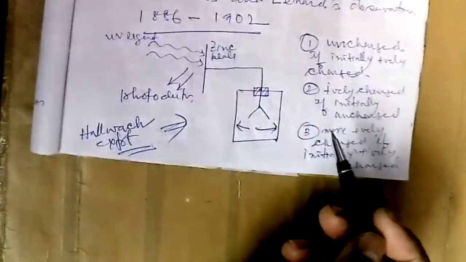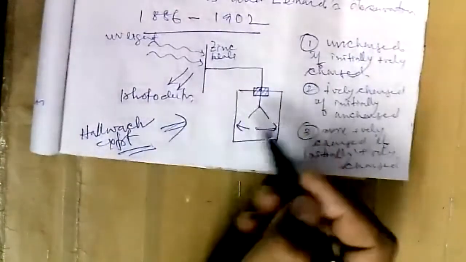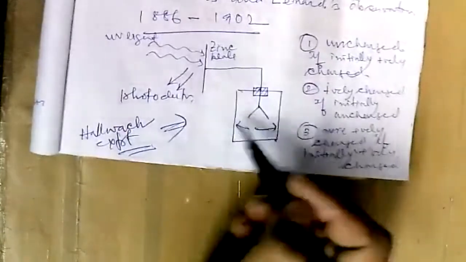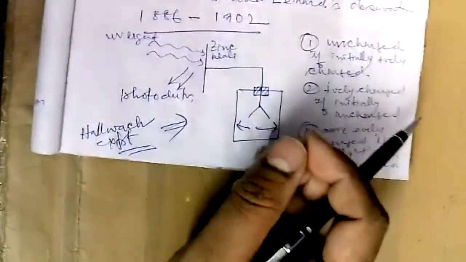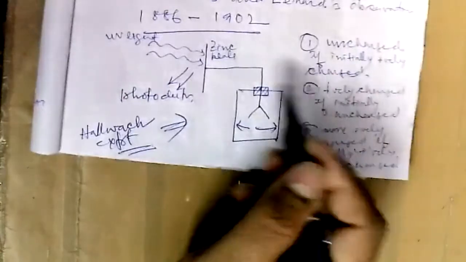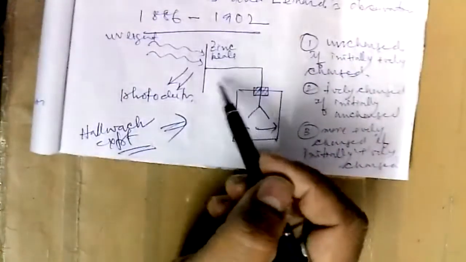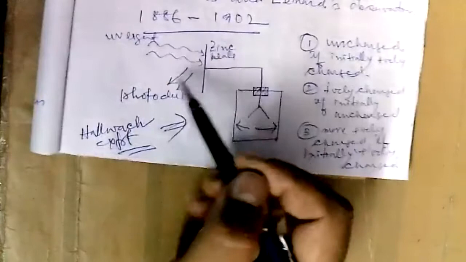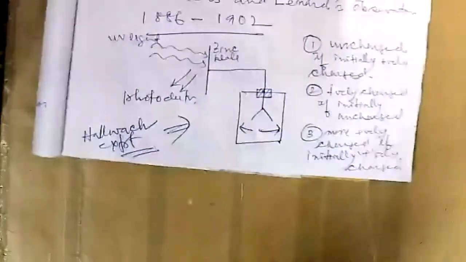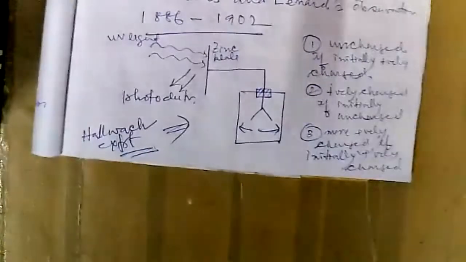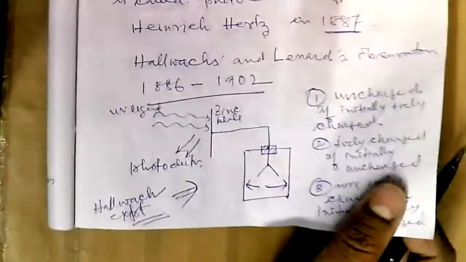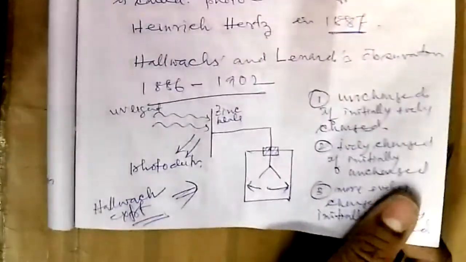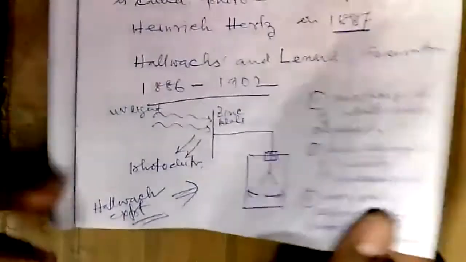If it was positively charged, then it will become more positively charged, so further deflection of the gold leaf will be noticed. If it was initially negatively charged, then after hitting this UV light, it will become less negative, and the deflection will become smaller. In this way we can understand the existence of the photoelectric effect.